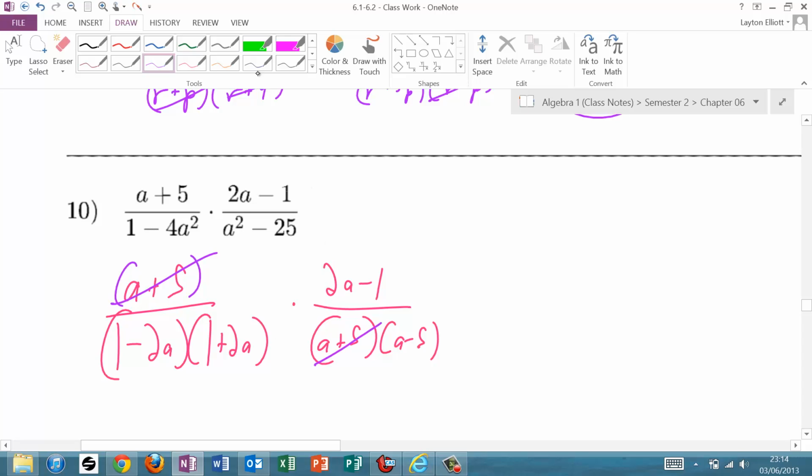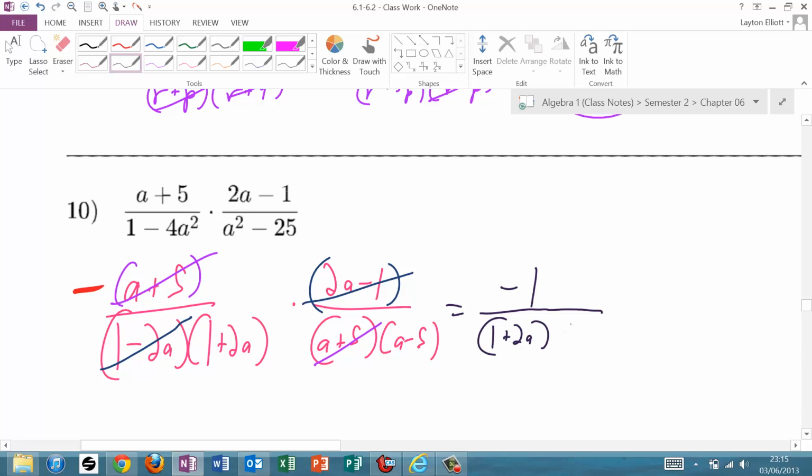I have 2a minus 1, and I have 1 minus 2a, so I'm going to cancel those. But since those are opposites, 1 minus 2a and 2a minus 1, I'm going to stick a very large noticeable negative out in front. Finally, let's merge what we have. I have a negative, let's just make it a negative 1 in the numerator, over 1 plus 2a and a minus 5.